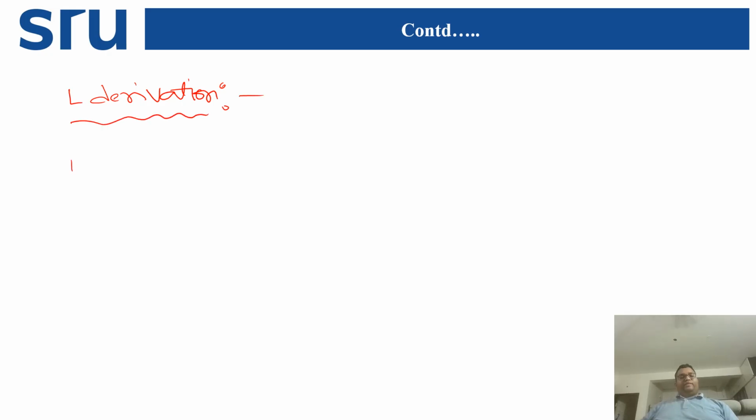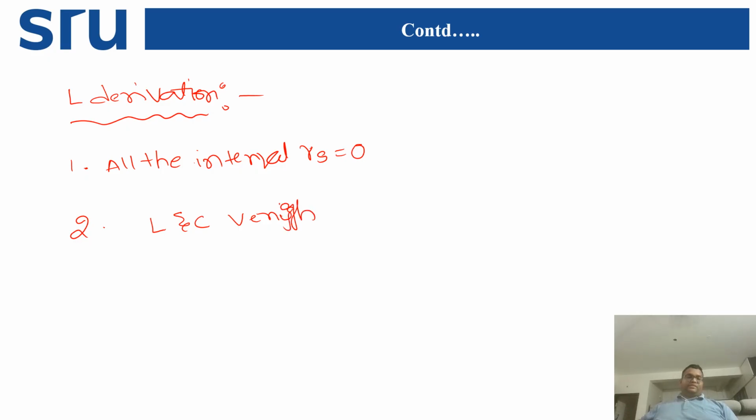First, when we derive the inductor, we have to note that all the internal resistance is equal to 0. Next, the utilized inductor and capacitor values must be very high. Then only we can calculate the conditions.